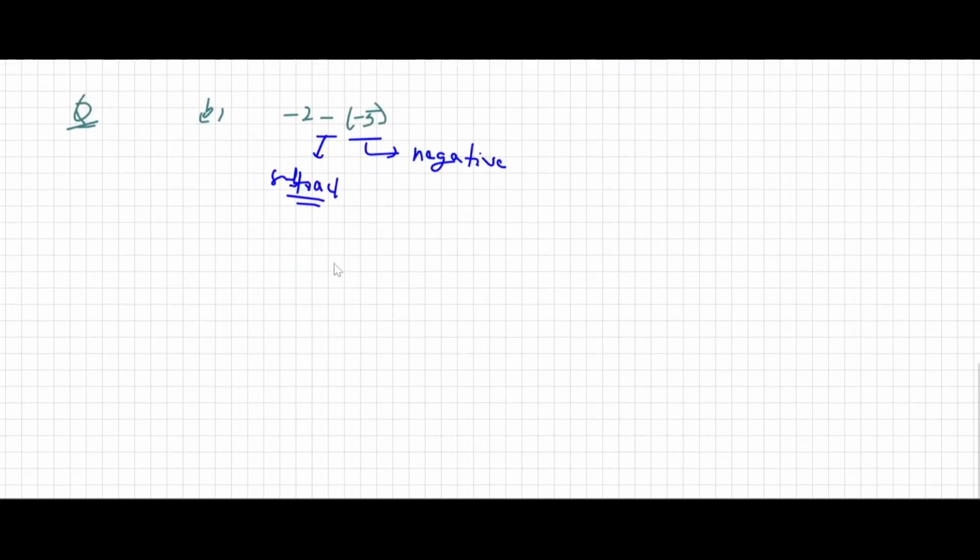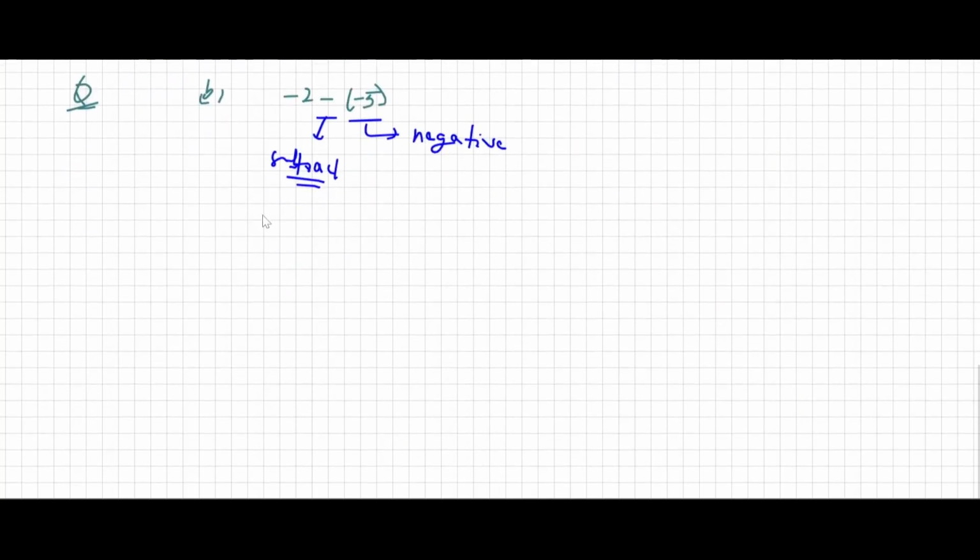So the minus becomes a plus. It becomes +5. So now it will give us 3.